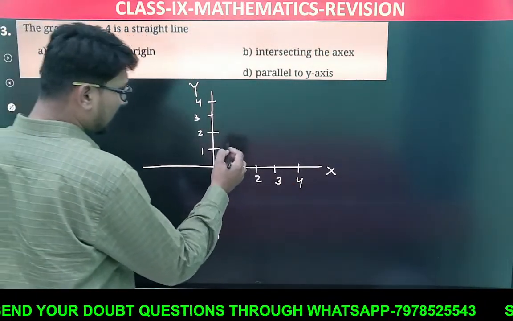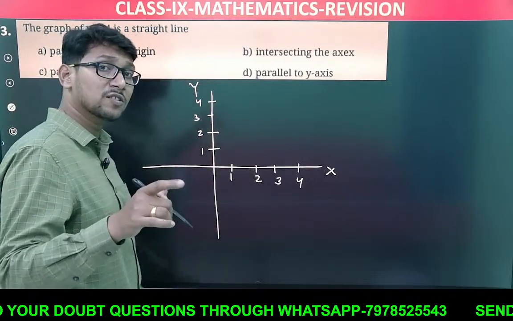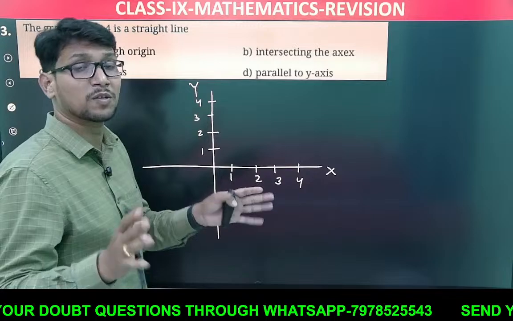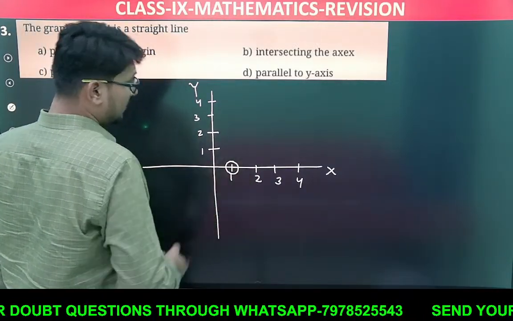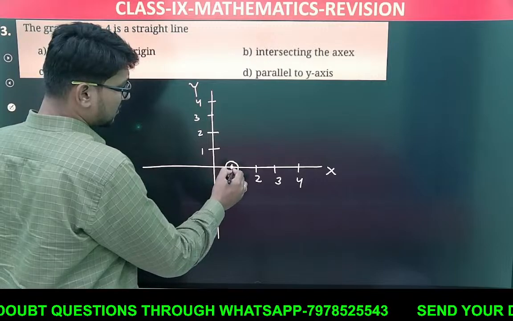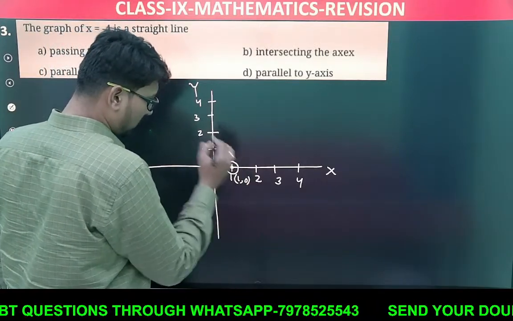Now check, when x is constant, I am taking x as 1. X constant means x does not vary, but y can vary, right? So if I take the point (1, 0), it represents this point. X is constant, x is 1.